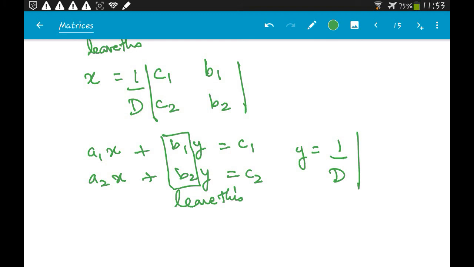So the remaining is a1, a2 and c1, c2. Okay, these are our remaining ones.